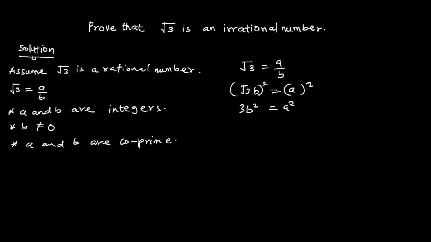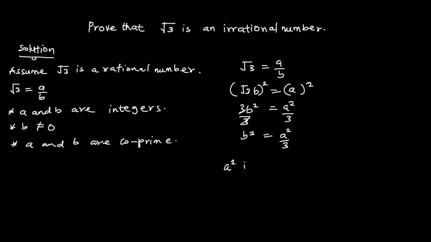Okay, so from here, I'm going to divide both sides by 3. So this 3 will cancel out this 3. So therefore, we will have b squared to be equal to a squared over 3. Okay, so what this means is that a squared is divisible by 3. Because a squared divided by 3 will give us b squared.